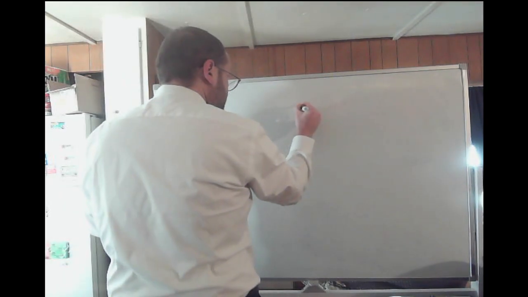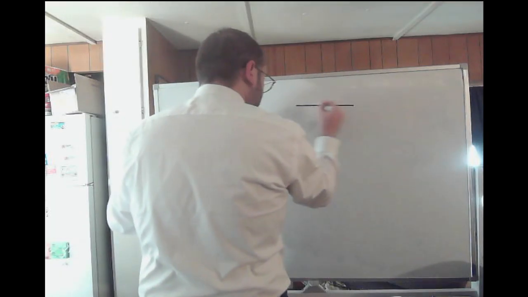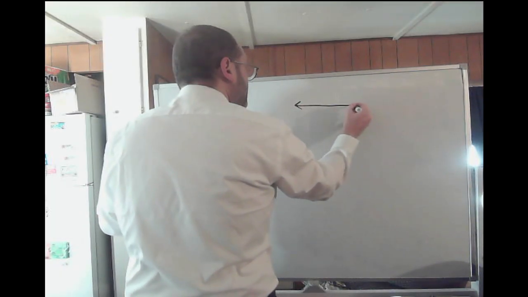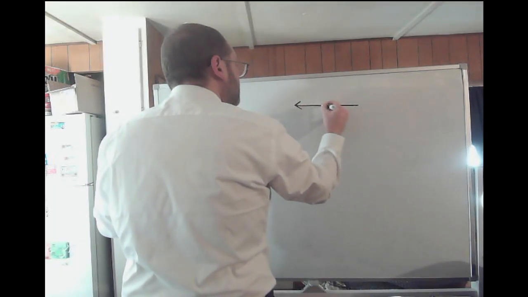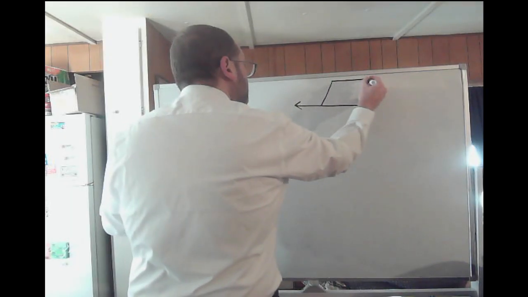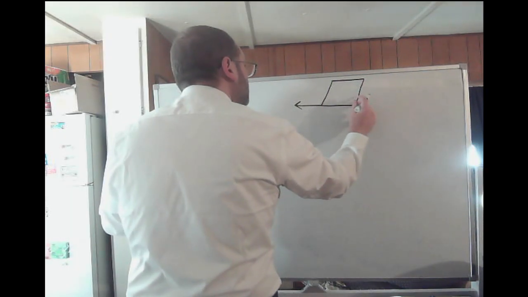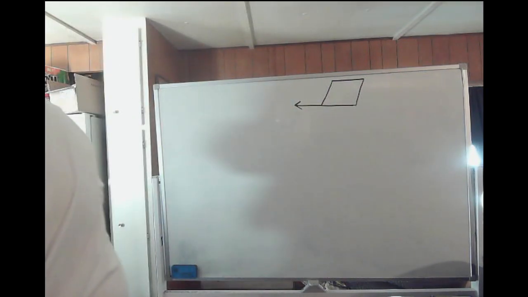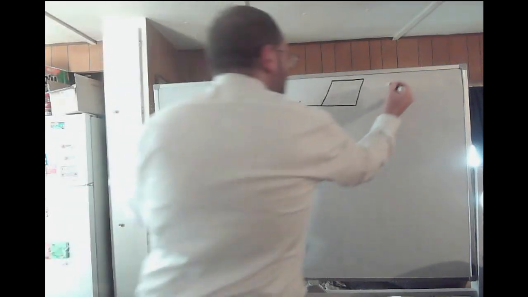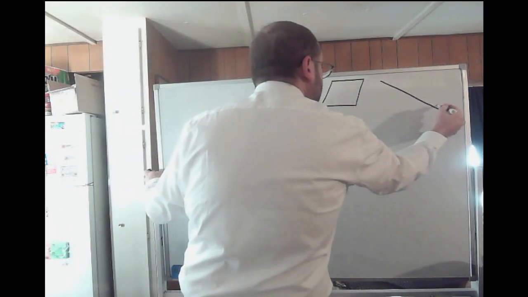Let's draw our diagram here. And then we have two intersecting lines next to it.